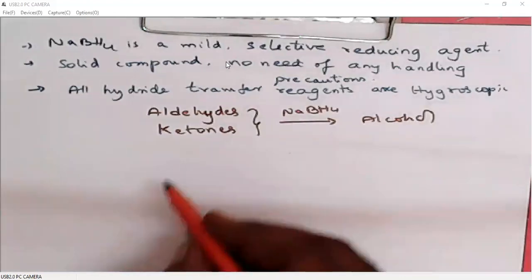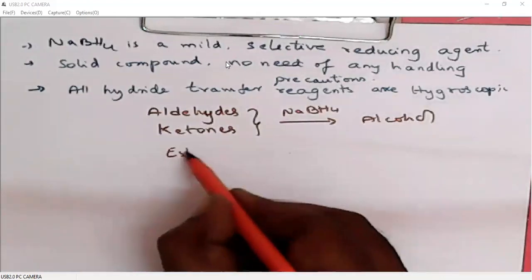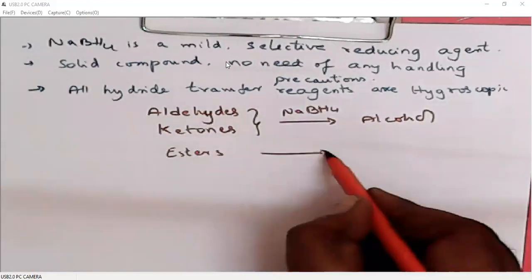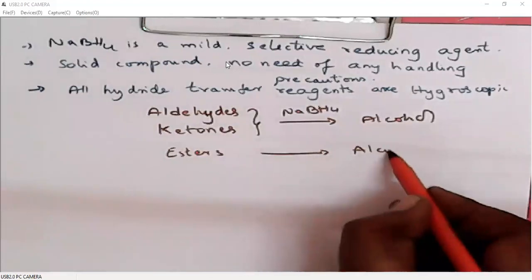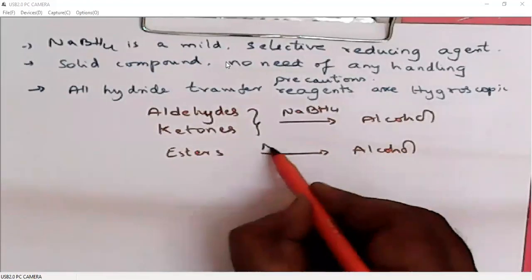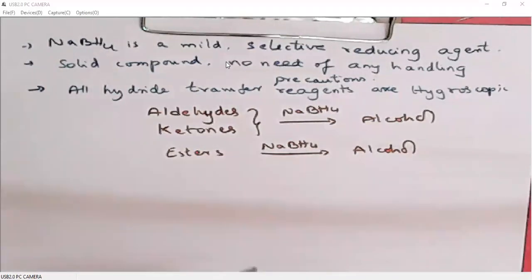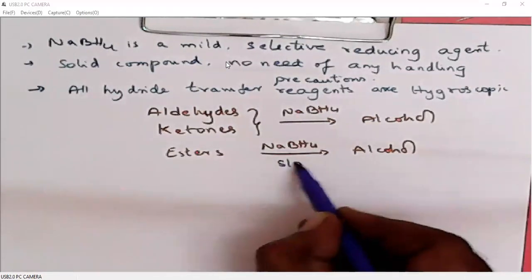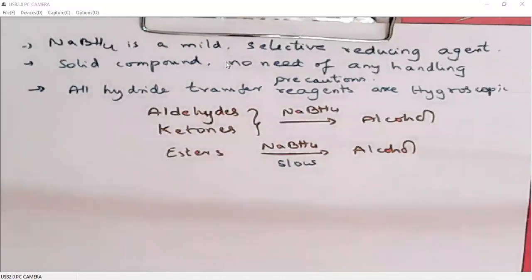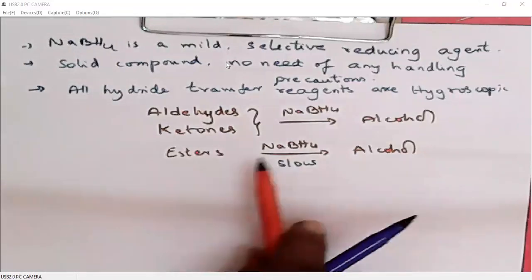But if you want to reduce esters, yes, esters also can be reduced with sodium borohydride to the corresponding alcohol, but the reaction is very slow. It may take 1 day or 2 days. So we don't conduct the reaction for such a long time. We will go for a strong reducing agent.